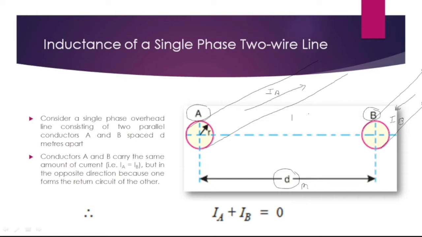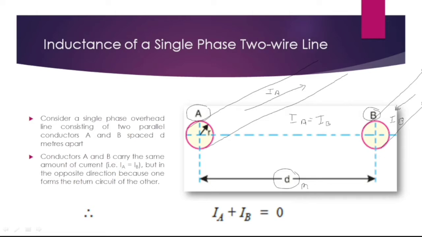The two currents are the same, that means IA is equal to IB, but they are in opposite directions. For this single phase line, this conductor is the return path.